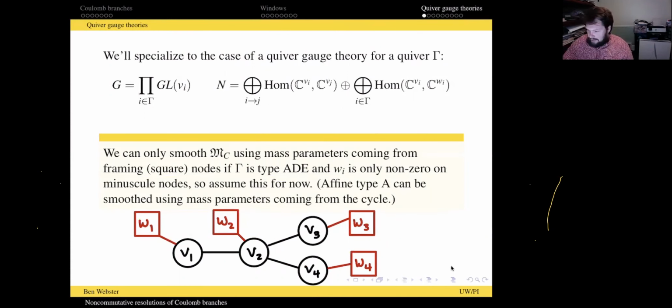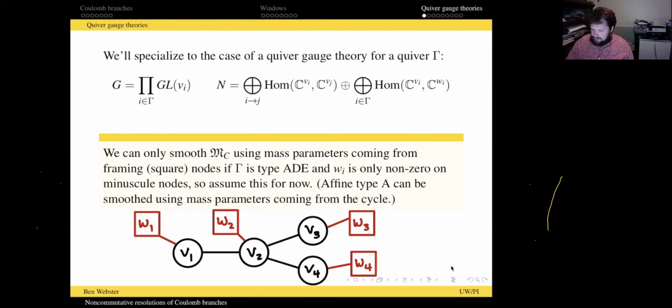So consider a quiver gauge theory coming from, I drew the nice picture here. I have some nodes, circles with V's in them, squares with W's in them, and consider the corresponding quiver gauge theory.